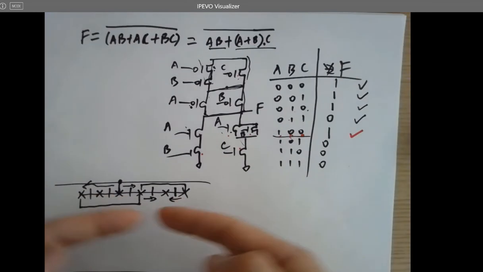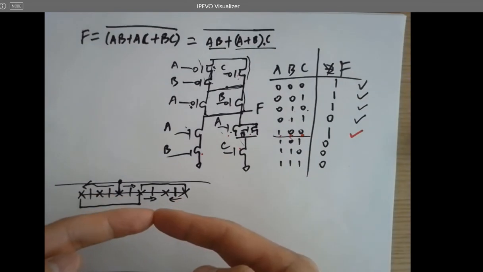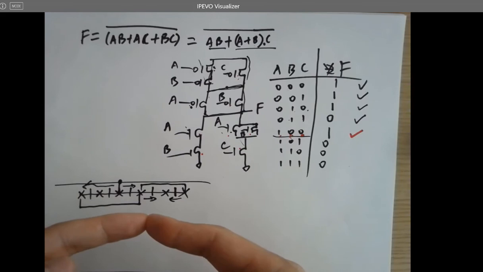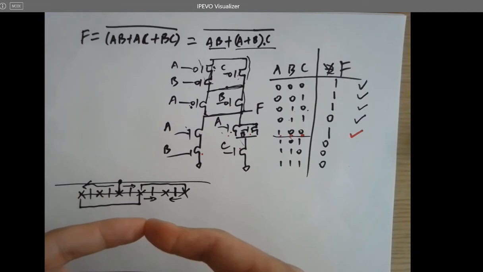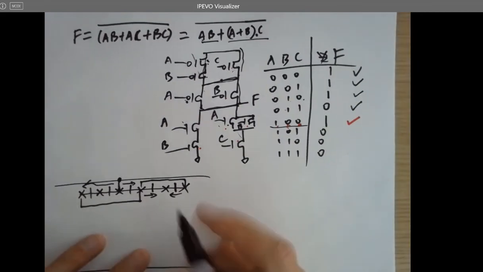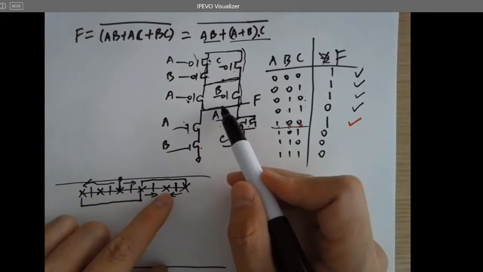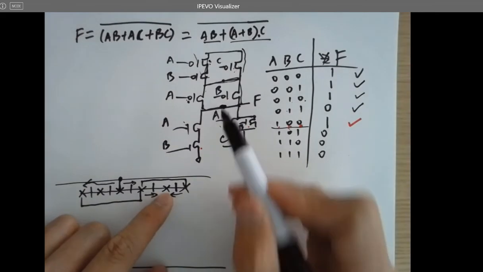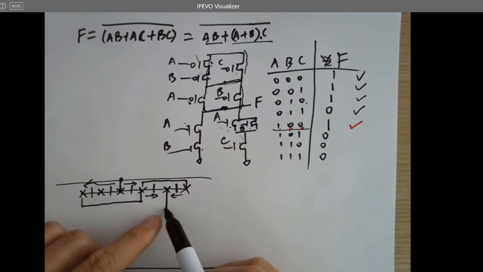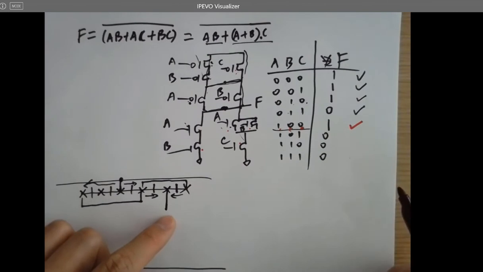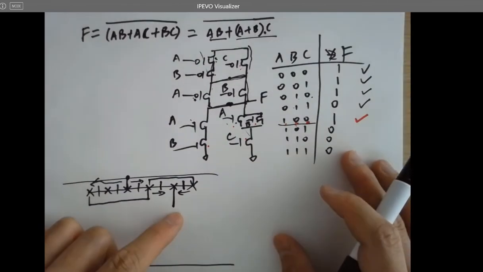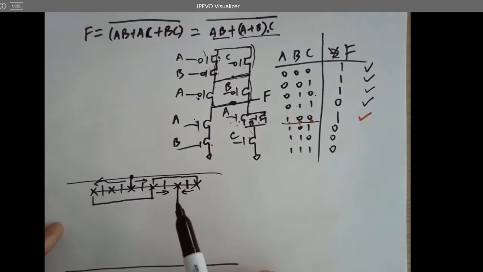So these 2 PMOSes are in parallel, right? Is that correct? They're in parallel, and so the current will be merged to this point, which is the output of this complex logic. So the output is ready.